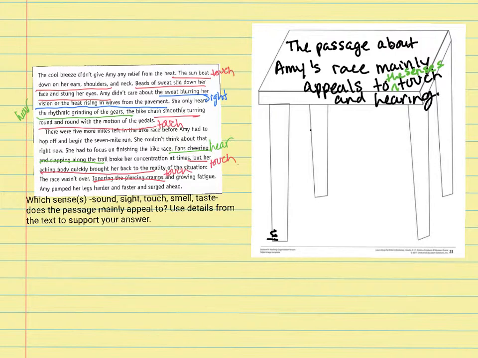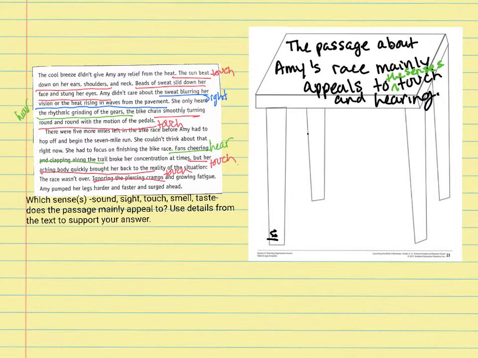We always want to start with a transition, like in the text, but for the sake of this table, let's ignore that for now. Let's just talk about the fact that she feels touch when the beads of sweat. And I know I want to talk about that.